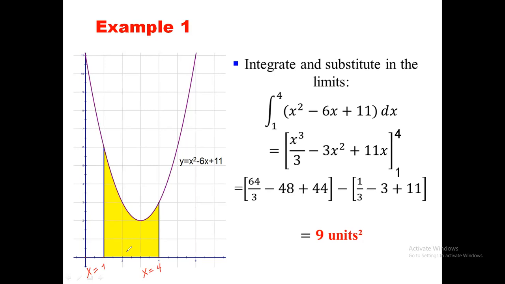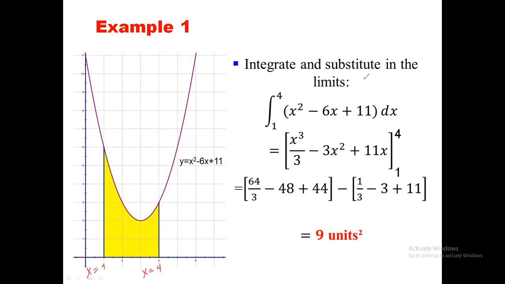In terms of the learning objectives, this is the first objective that we need to know: finding the area bounded by the curve, the limits of integration, and the x-axis. Although when you find the value of this integral, you are not required to draw the area.